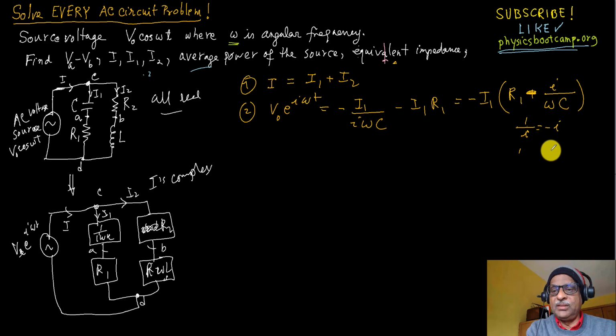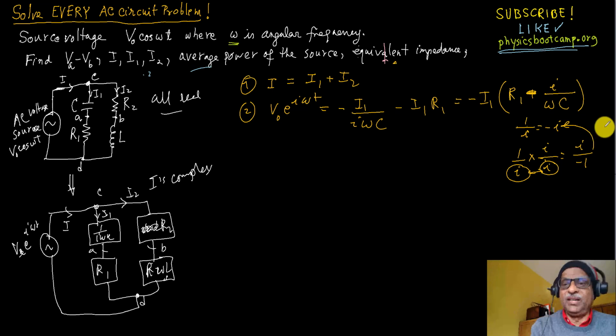Well, I can multiply 1 over i by i over i, because I want to convert this into a real number. So this is i over minus 1, and that's equal to minus i. It's very easy to see that. Okay, so the I1 will be easy.